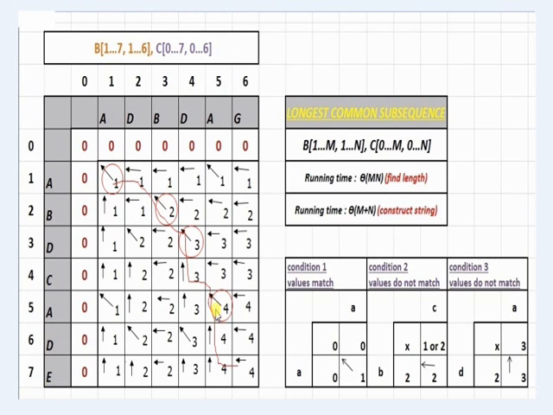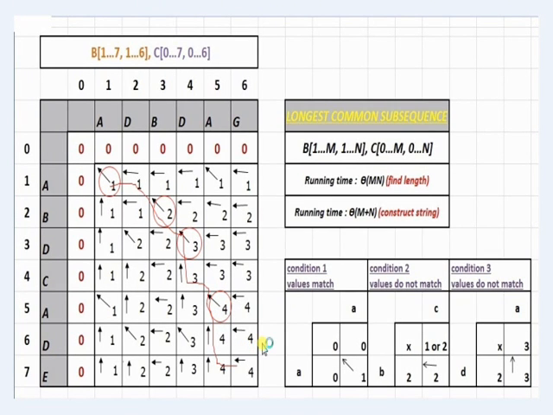So this arrow indicates that I have to move towards the left. Now the arrow in this cell indicates we have to move upwards, again upwards. Now I have a diagonal arrow, so I put this circle.